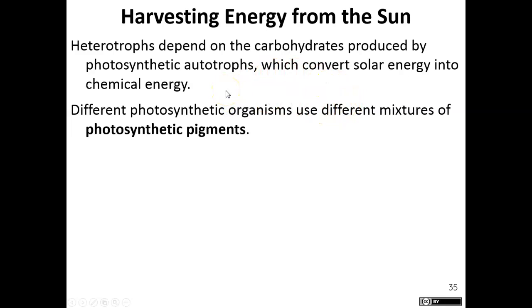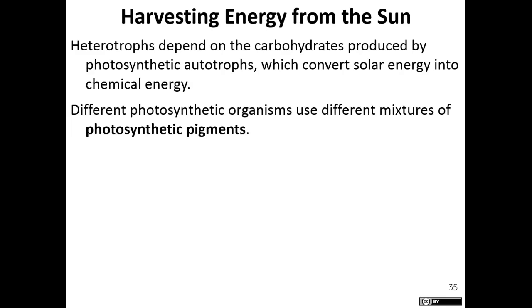So now we're going to get into another pathway. Instead of breaking down glucose or breaking down fats or proteins, we're now going to look at building up carbohydrates by the utilization of sunlight energy. And so this is photosynthesis.